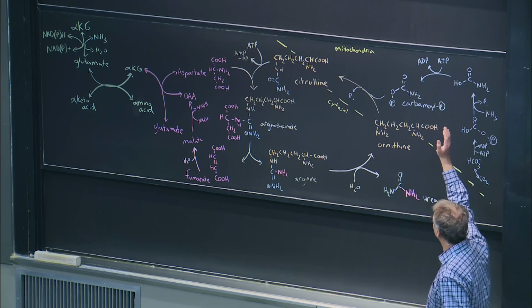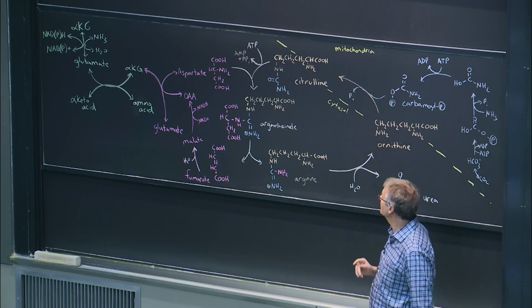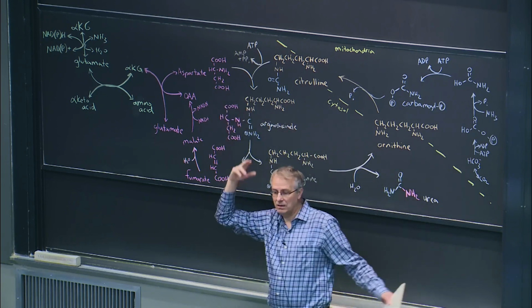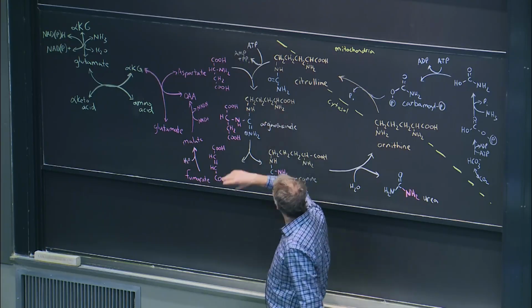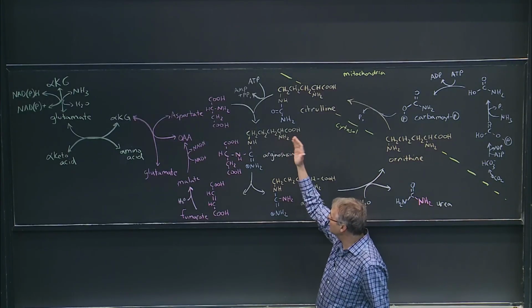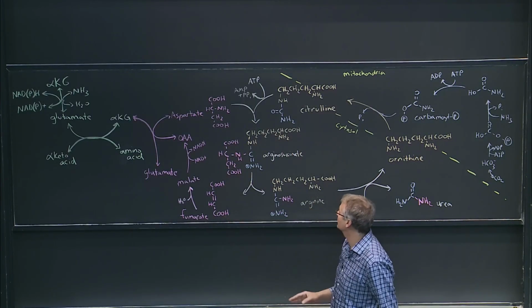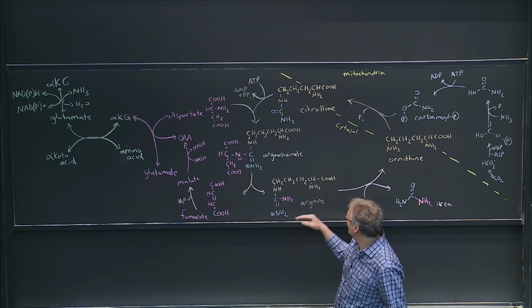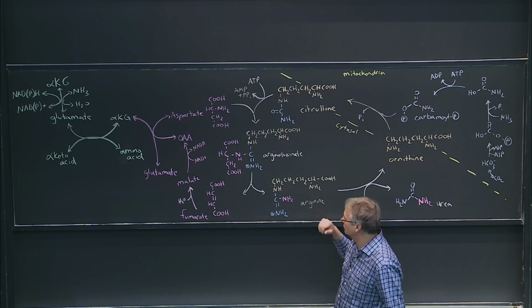That's added to ornithine to get citrulline. That citrulline can then combine with the amino acid aspartate to give this molecule arginosuccinate, so arginine plus a succinate on it, and then loss of fumarate leaves you with arginine.